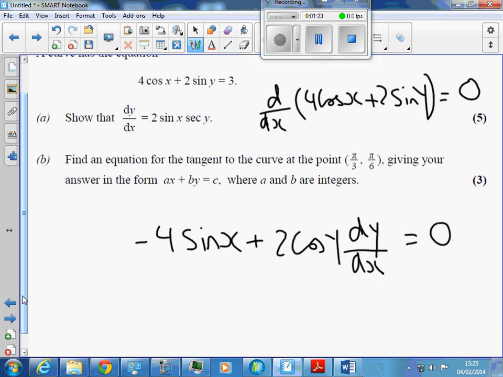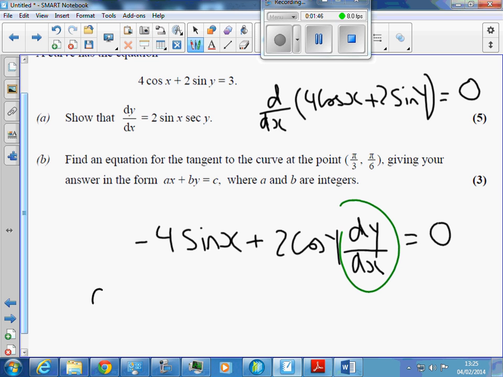I'm looking for dy by dx, and it's very obvious that if I take the minus 4 sine x to the other side, it becomes plus, and I divide by 2 cos y.